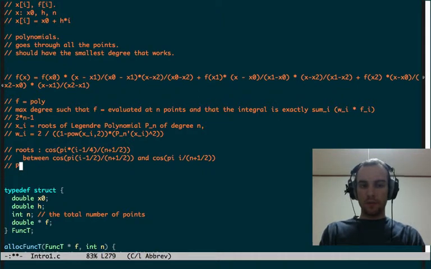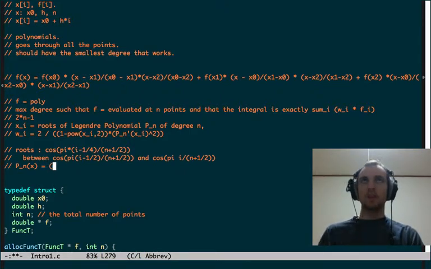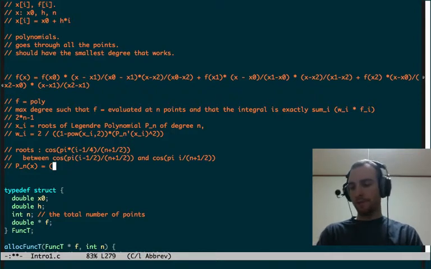the Legendre polynomial at point x can be computed recursively. So if you know the first Legendre polynomial and the second Legendre polynomial, you can find the third Legendre polynomial. If you know the second and the third, you can find the fourth, and so on. So here's the formula.